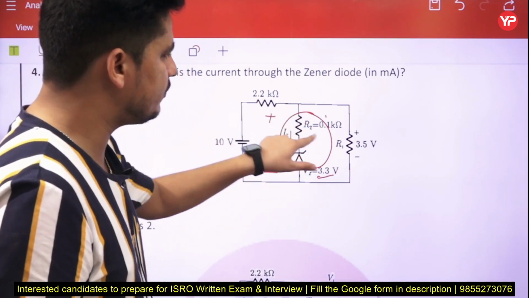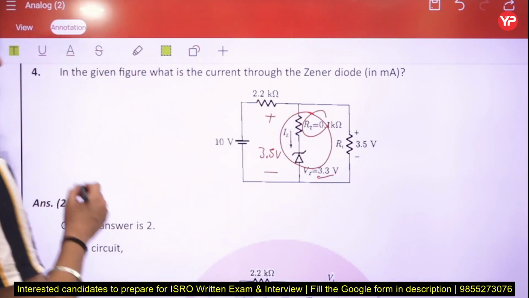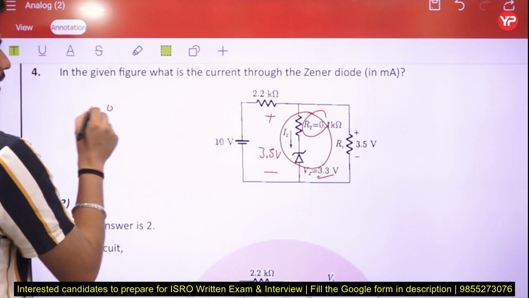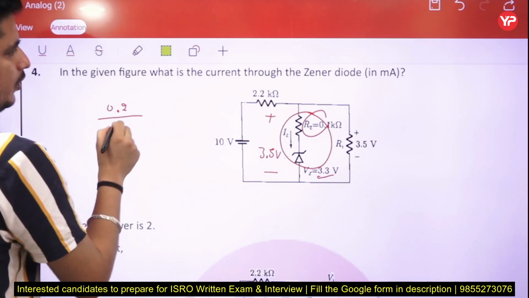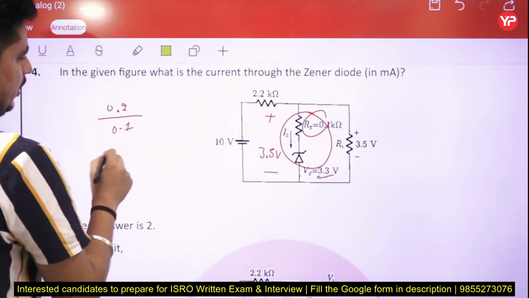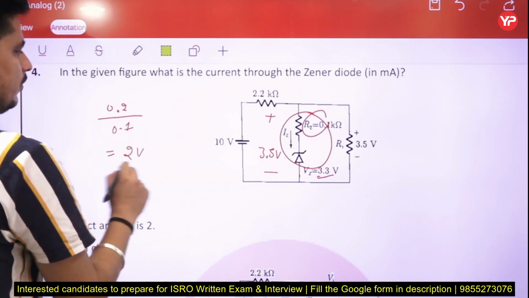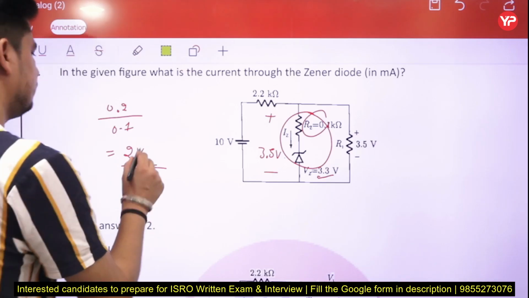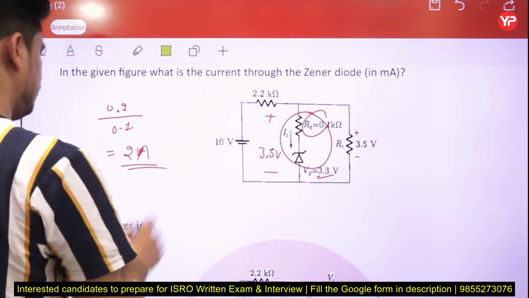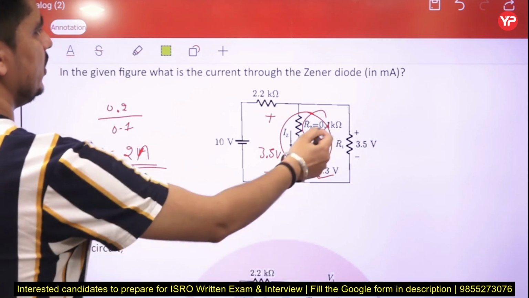Then how much voltage will be left across this RZ? The voltage across RZ is going to be 0.2 volt, means 3.5 minus 3.3, 0.2 volt divided by 0.1, it means what will be the value? Oh sorry, 2. The current is 2 milliampere, right? Because it is in kilo ohm.